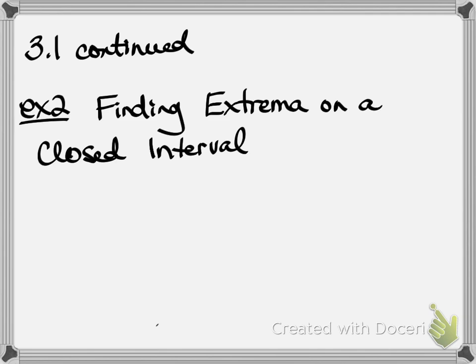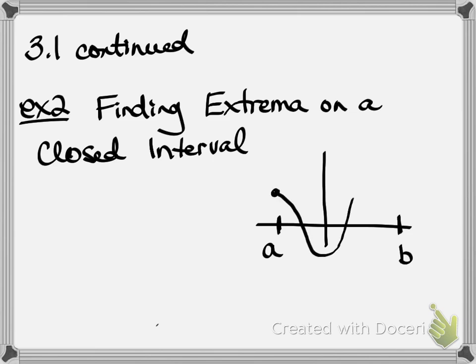So extrema, if you remember from that first day of 3.1, if we're looking at the interval from A to B on the x-axis, and maybe we have a graph that looks like this, then it's extreme points: its absolute min and its absolute max.